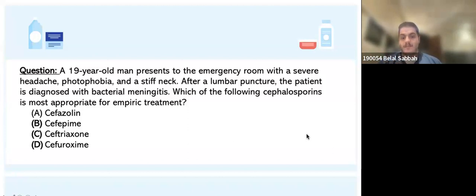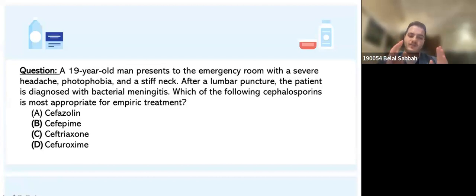So empiric treatment, you know what empiric means? Empiric means just general, to cover as much as possible. So which of these do you think covers the most?